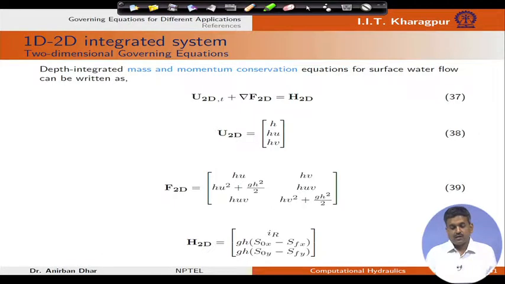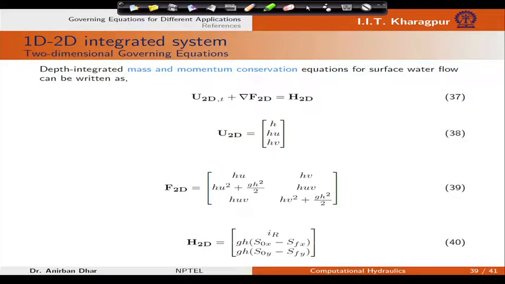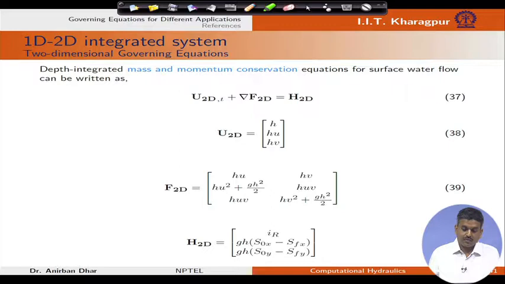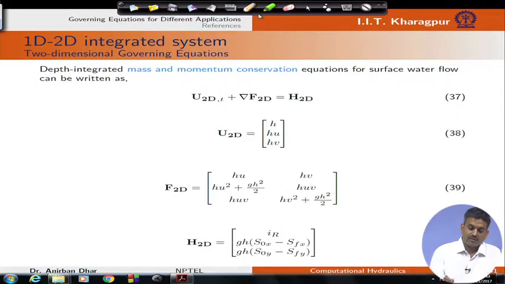If we consider the two dimensional mass and momentum conservation equation, then again we need to calculate U2D. The first one is for mass conservation and momentum conservation in the U direction. HV is momentum conservation for the V direction.